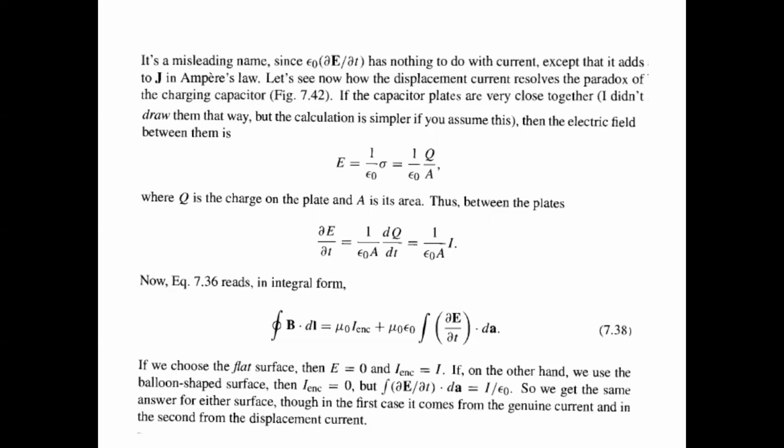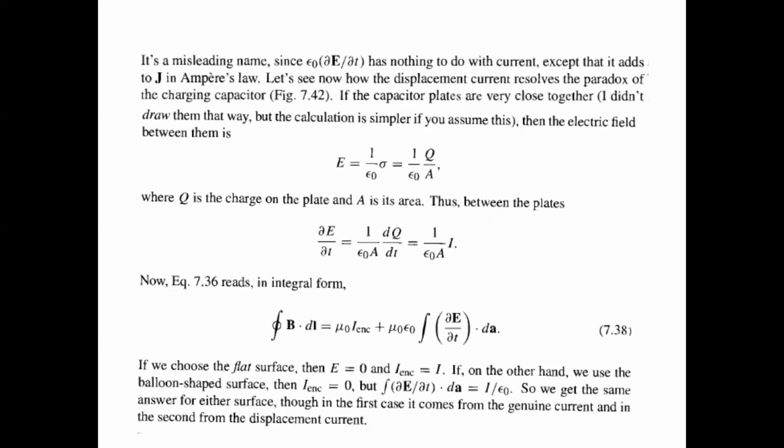Now if we write the integral form, we find that the closed integral of B dot dl equals μ0 I enclosed plus μ0 ε0 times the surface integral of ∂E/∂t dA across the surface.